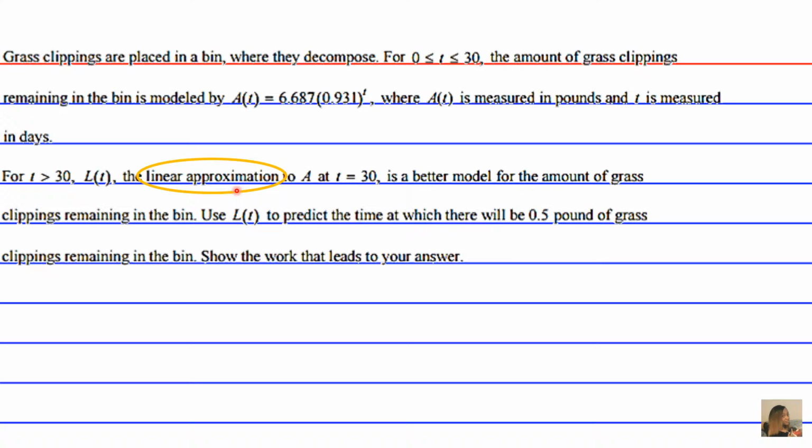A lot of people like the slope-intercept formula, but in this particular instance, since we can figure out A of 30 days, we can input that into our linear approximation. So we're going to use the point-slope formula, and that looks something like this.